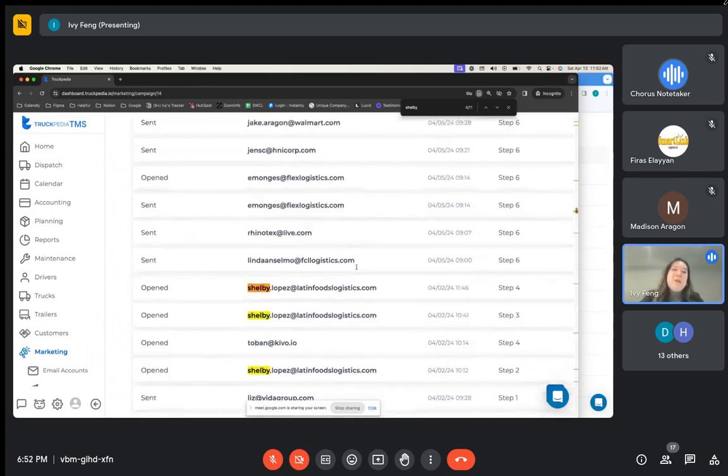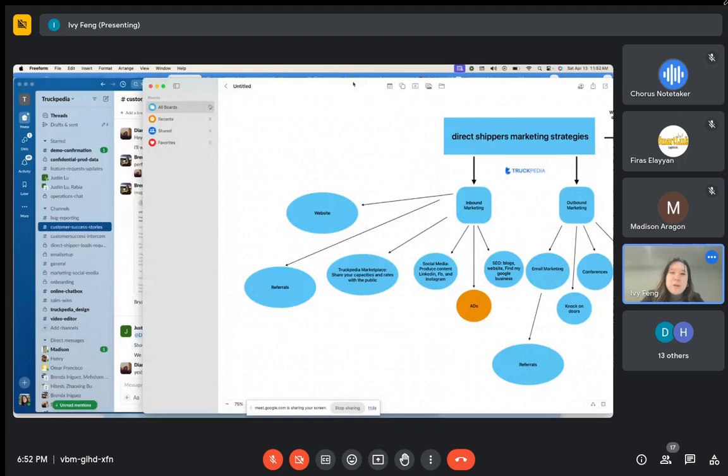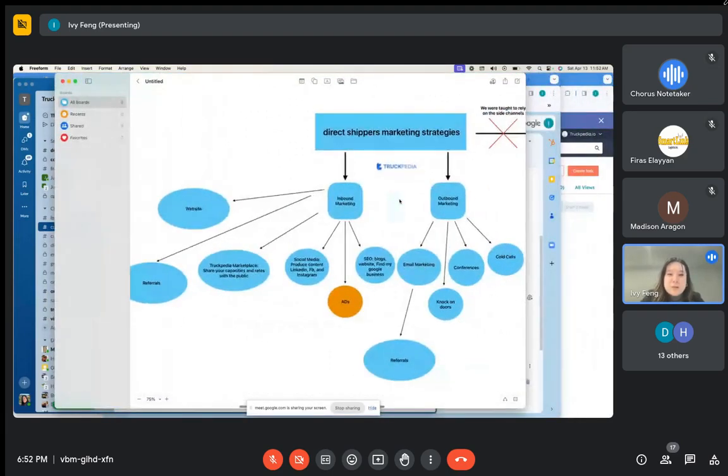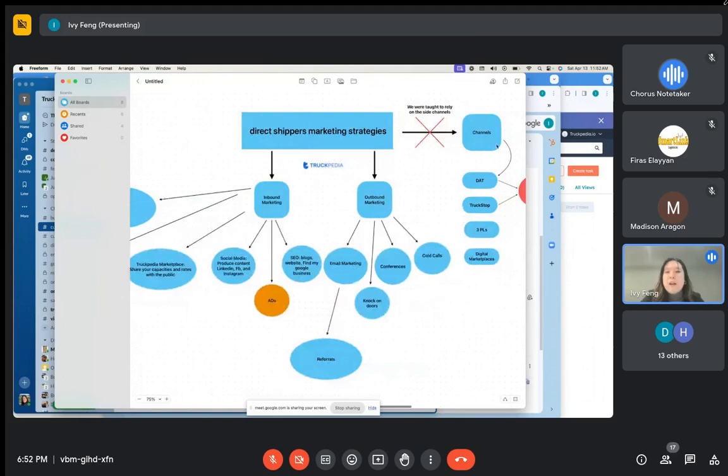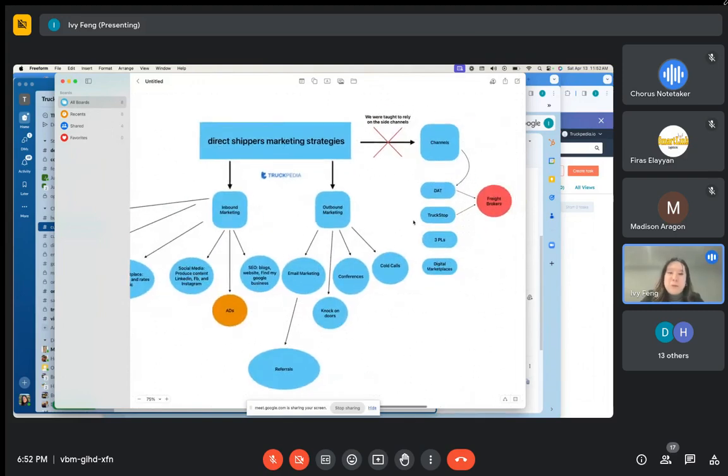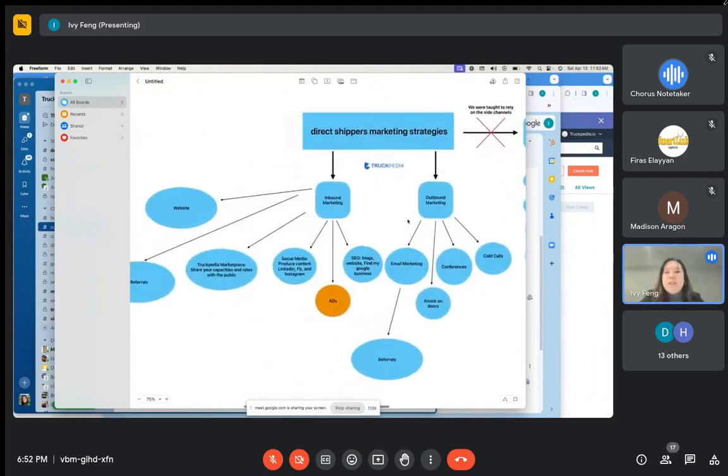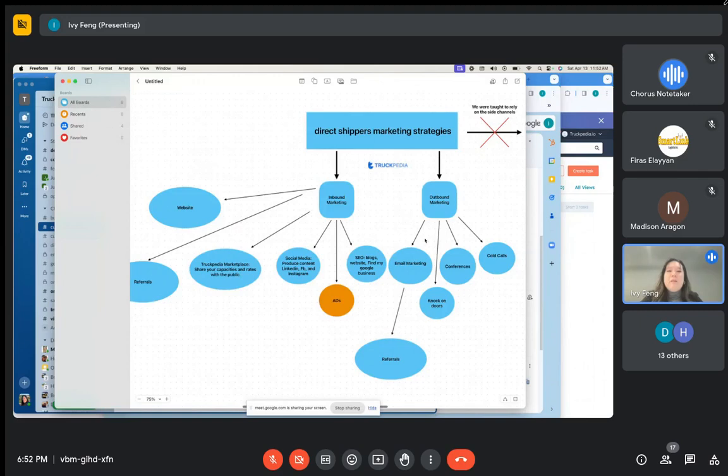And so this is what I mean by, look, it's not rocket science. We know that this is what we need to do to go out and talk to direct shippers. We can't rely on DAT, Truckstop, and freight brokers. But it feels overwhelming when we don't have the tools to be able to do this, or if we don't have the knowledge to know, how do I go to the right conferences?